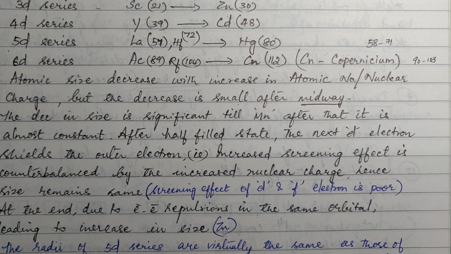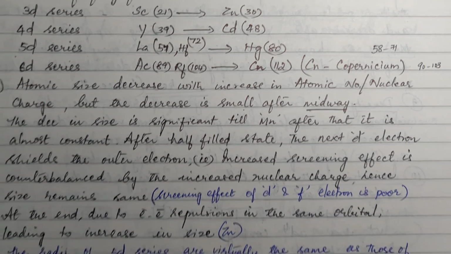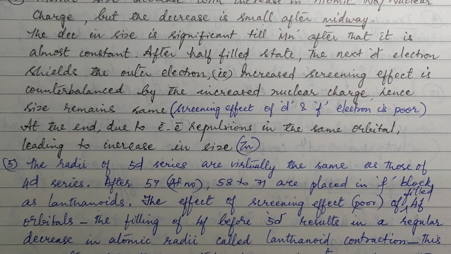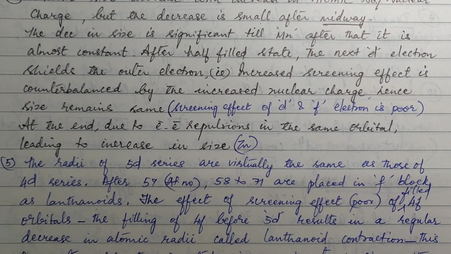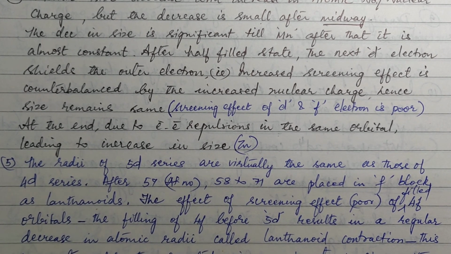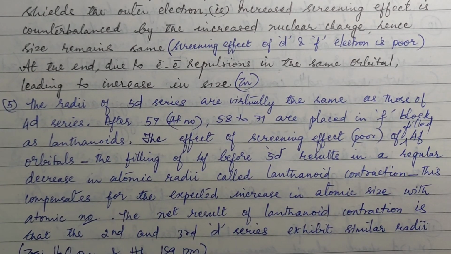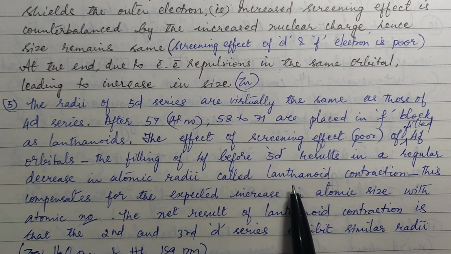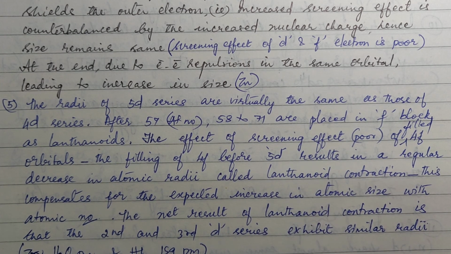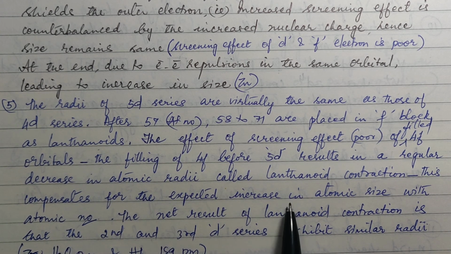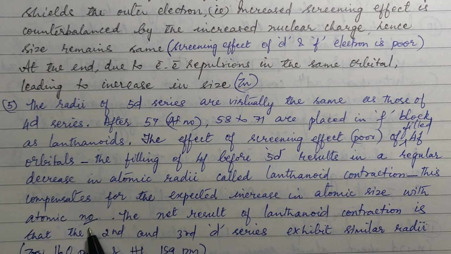So the filling of 4f before 5d results in a regular decrease in atomic radii. Okay, and this is what you call lanthanoid contraction, and this compensates for the expected increase in atomic size with atomic number.